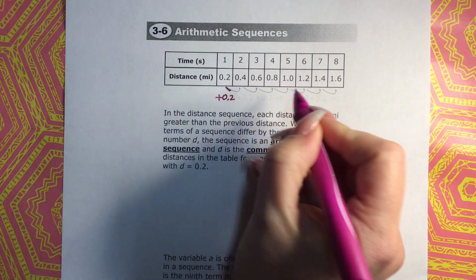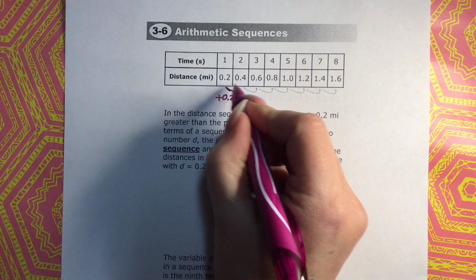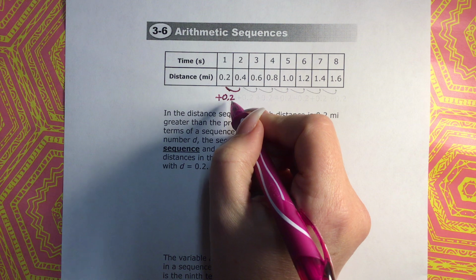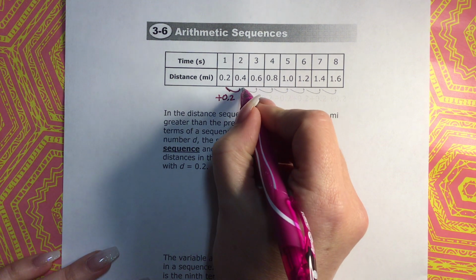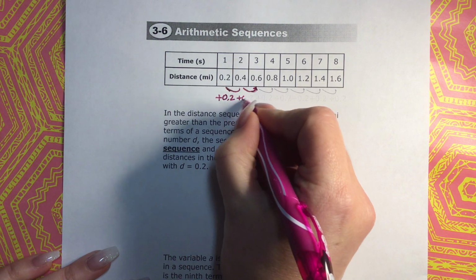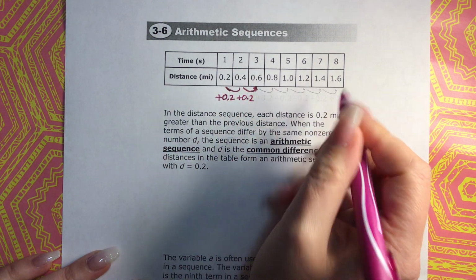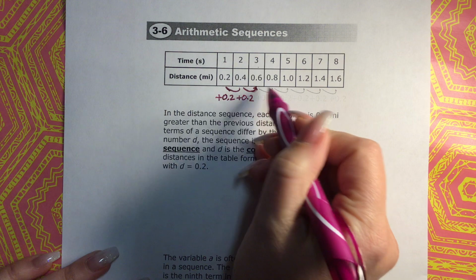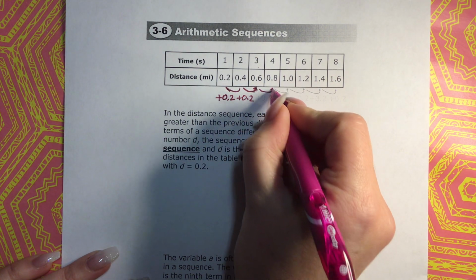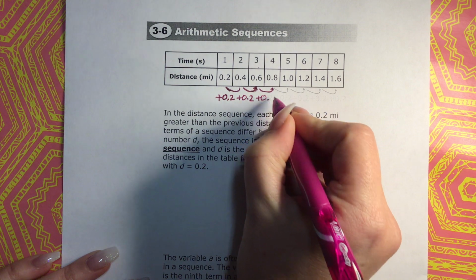So if you look from 0.2 to 0.4, we're adding 0.2. If you look from 0.4 to 0.6, we're adding 0.2 again. And from 3 to 4 seconds, or from the distance of 0.6 to 0.8, we're adding another 0.2.